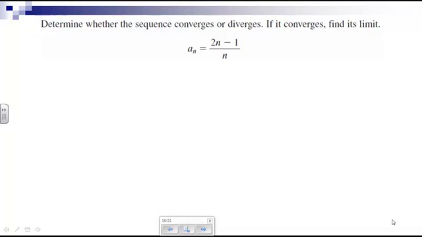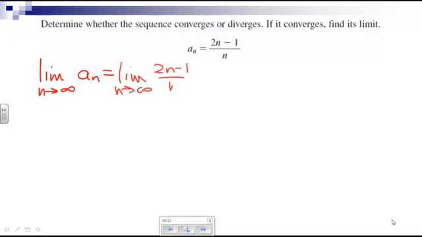Well, let's find out. Let's ask the question, does this limit as n approaches infinity exist? Or, another way of saying this, what is the limit as n approaches infinity of 2n minus 1 over n?